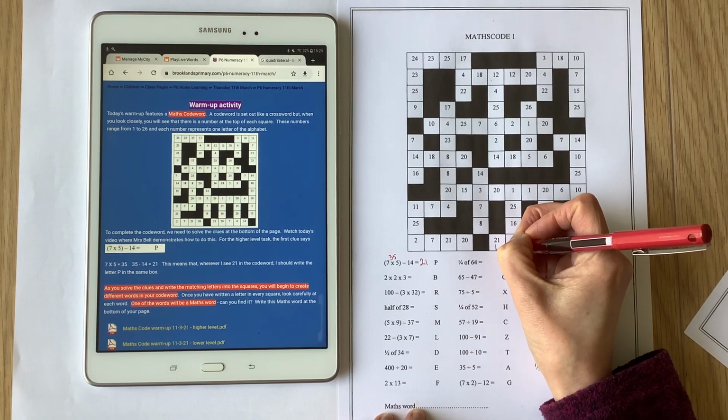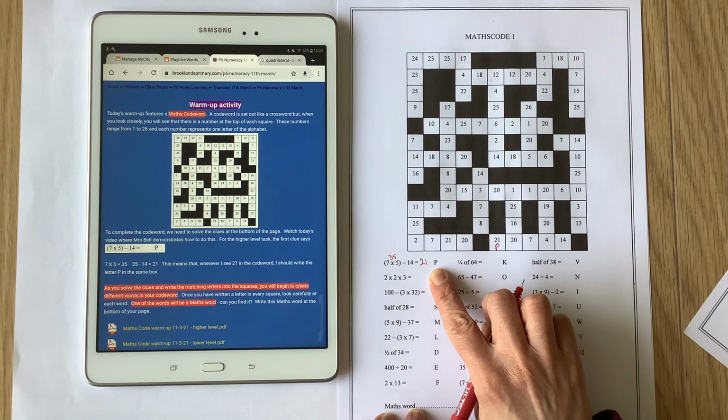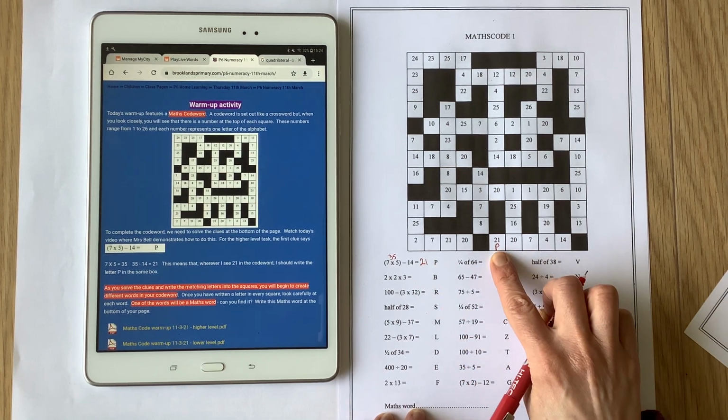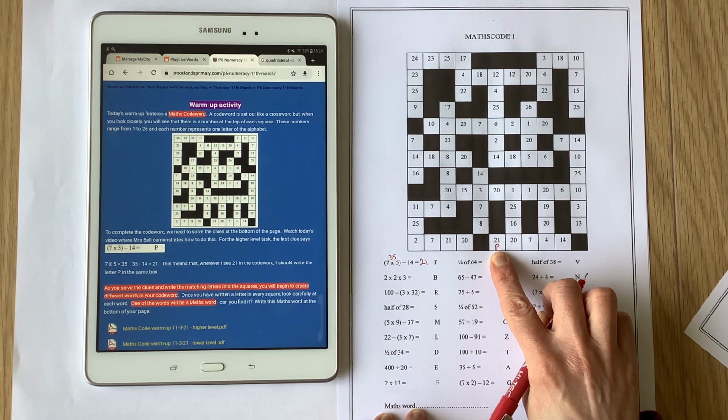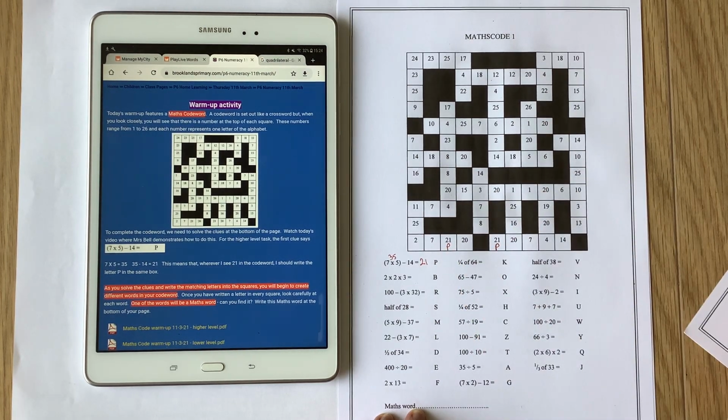So 21 is equivalent to the letter P. So if I can see 21 written down, in the bottom of that box I put the letter P. Now, can you spot any other 21s? Yeah, there's another one. So I'm going to put P there. Can you see any others? Now, at this point, I can't spot any others. Maybe you have. But that doesn't matter, because at the end, if there are any boxes that I haven't managed to do, I can always go back.